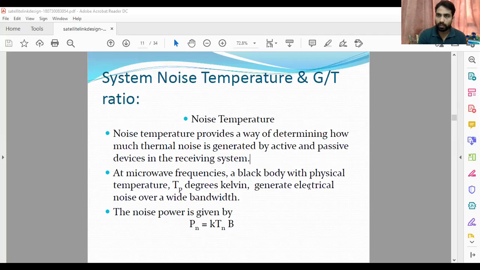So by reading it all, one can easily find out that noise temperature helps in the determination of the noise.